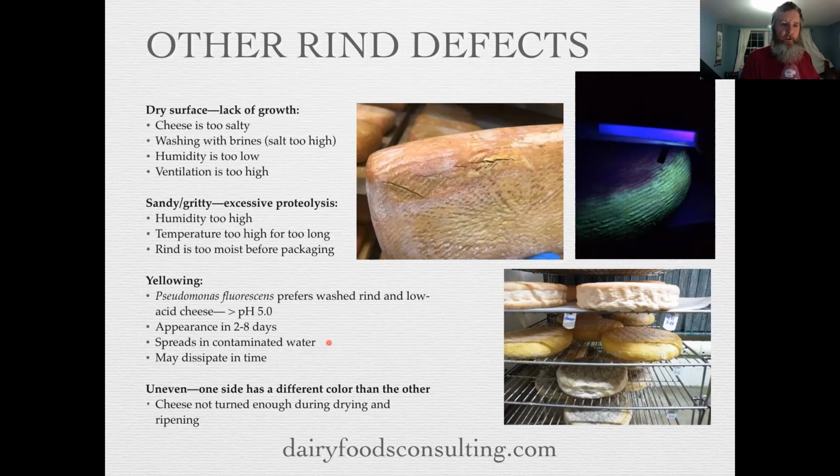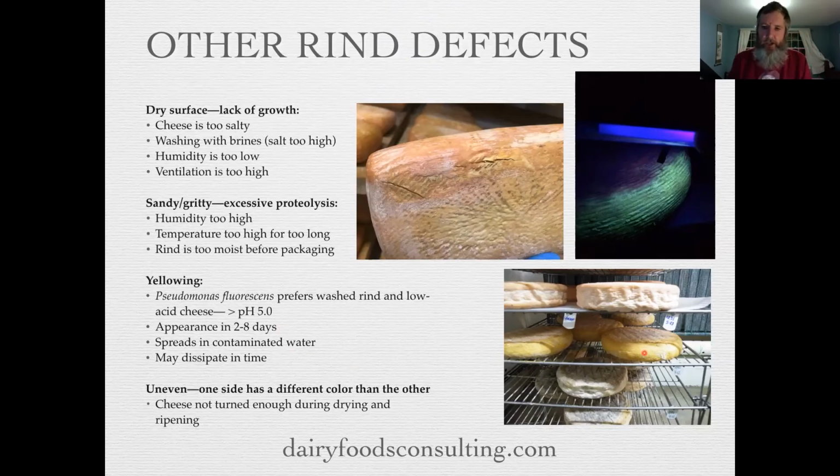It's in water, so some people I know that have had it have had their water tested and found it in there. On the other hand, it could be just a stage the cheese is going through, where it dissipates as the cheese ages out. So it could just be a temporary situation.